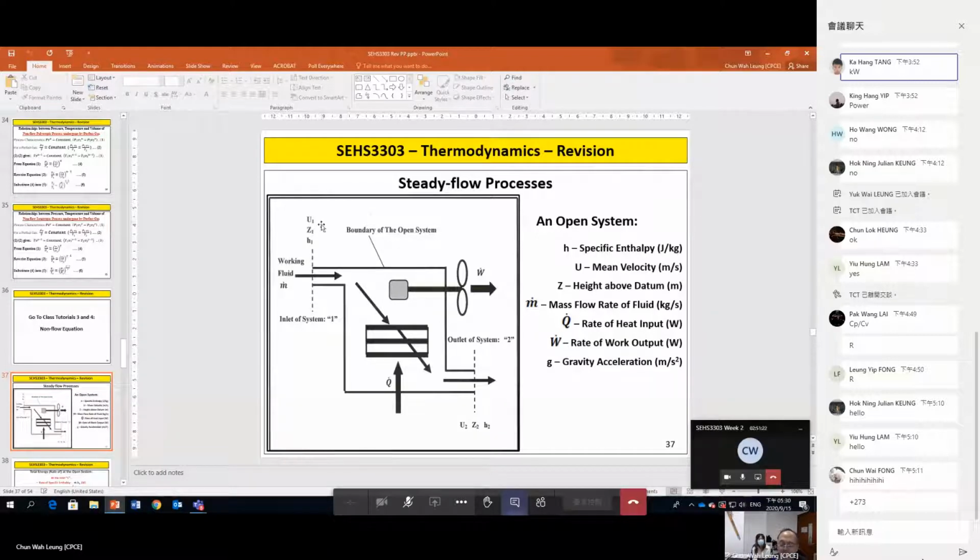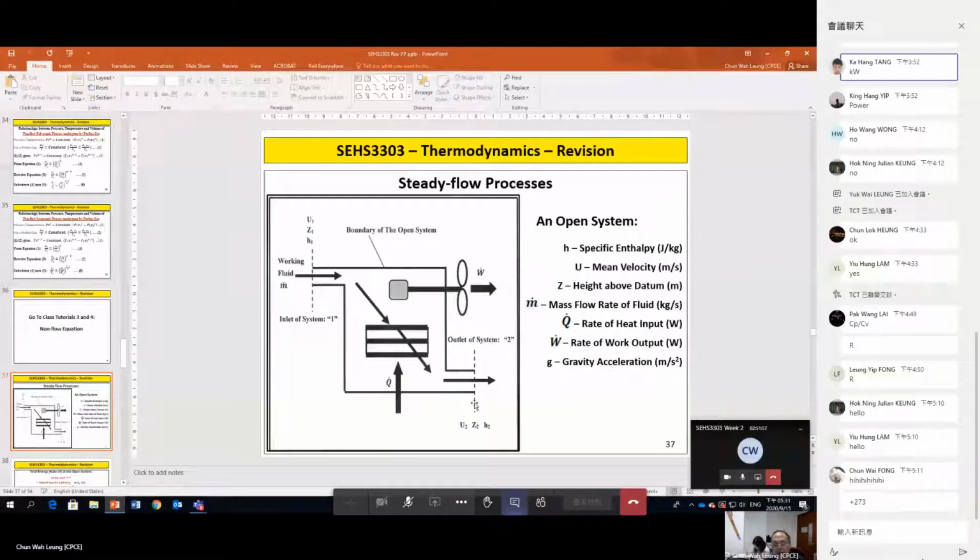Now, be careful. Here, in a steady flow system, I am using big U as the velocity, not internal energy. Right? So at the exit, we also have the enthalpy leaving with the fluid mass, H2.